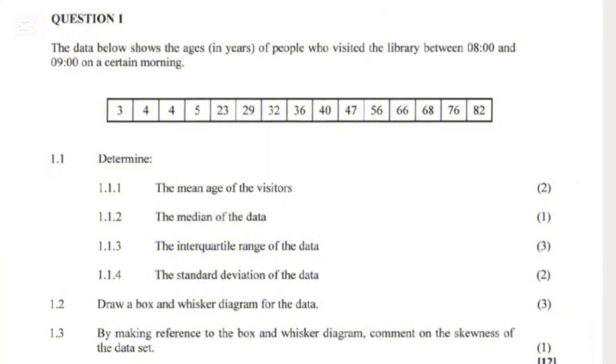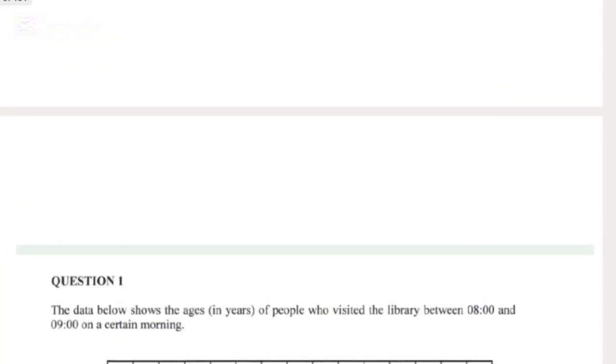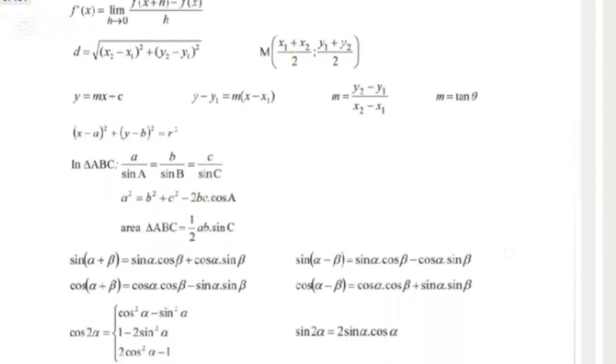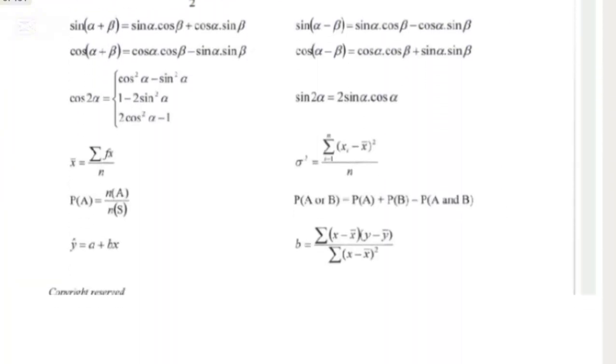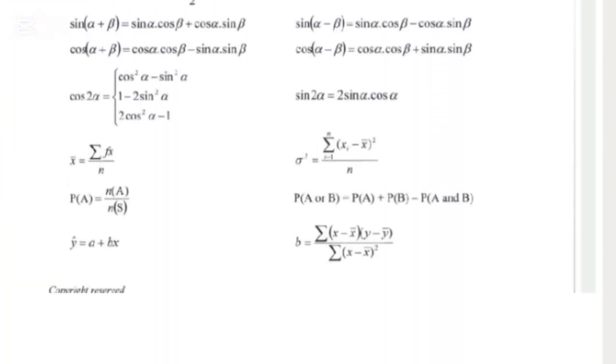At the back of your paper you will find the formula sheet. Some formulas are for paper 1, some are for paper 2. So you will often refer to the formula sheet if you didn't practice enough.